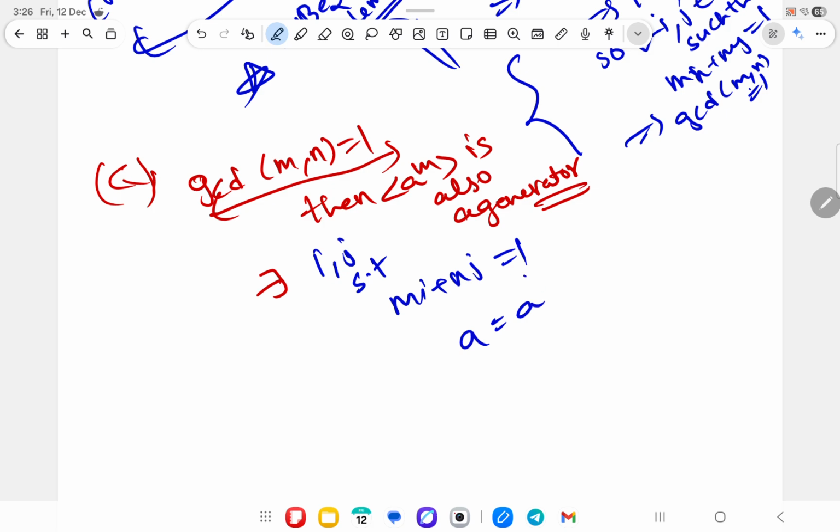So a is equal to a power mi plus nj. But since a power n is e, this implies a is equal to a power mi, right?